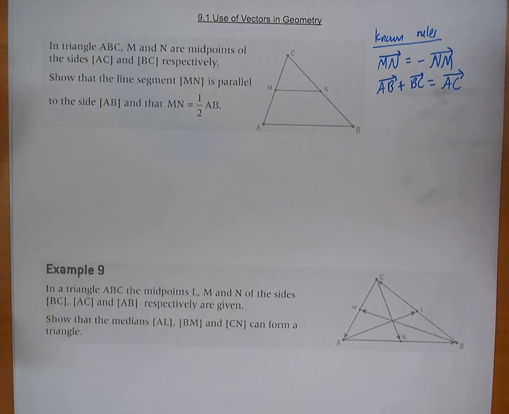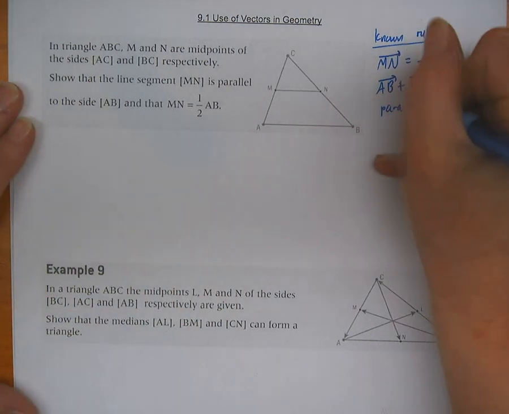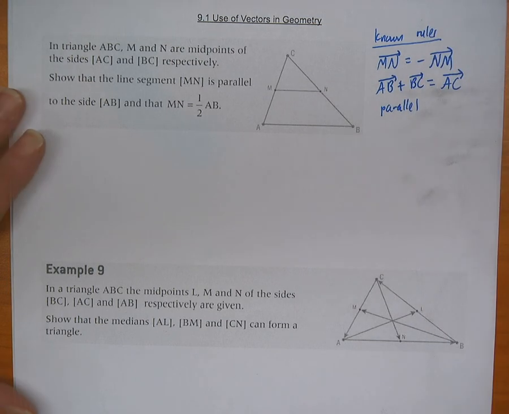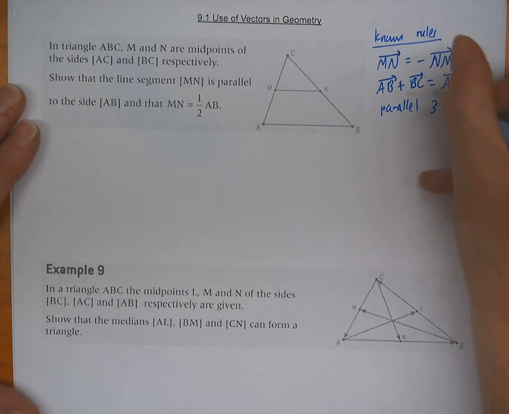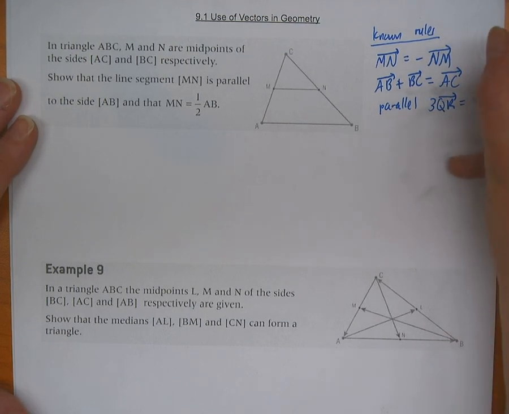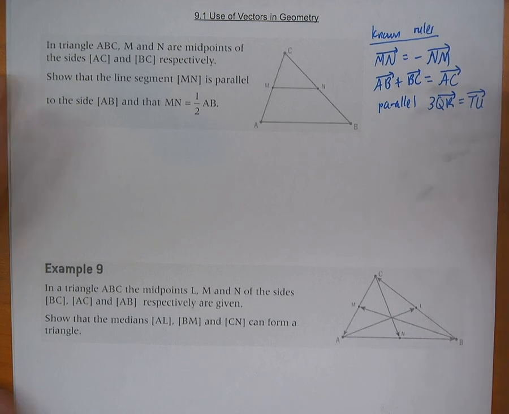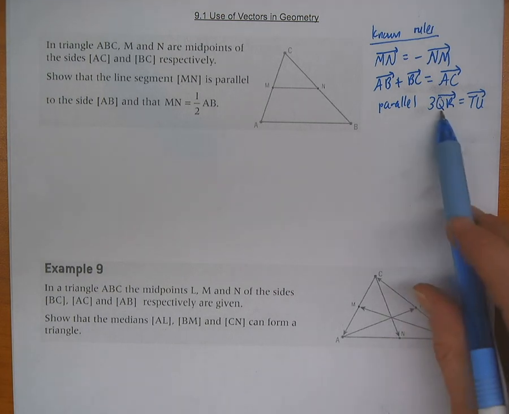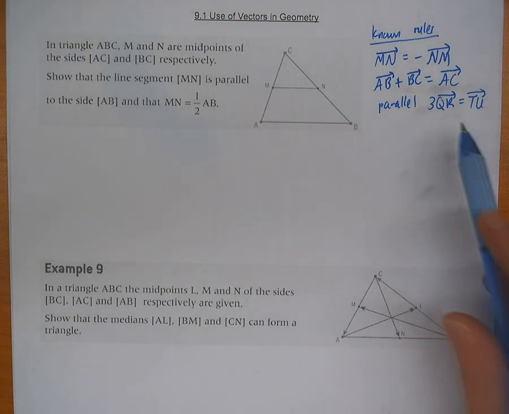Also remember that parallel vectors are going to be some sort of scalar multiple, like maybe a 3. So maybe 3 times QR would be equal to, I don't know, TU. And if that was the case, then vector QR would be parallel to vector TU. It would also be 3 times the length of TU.